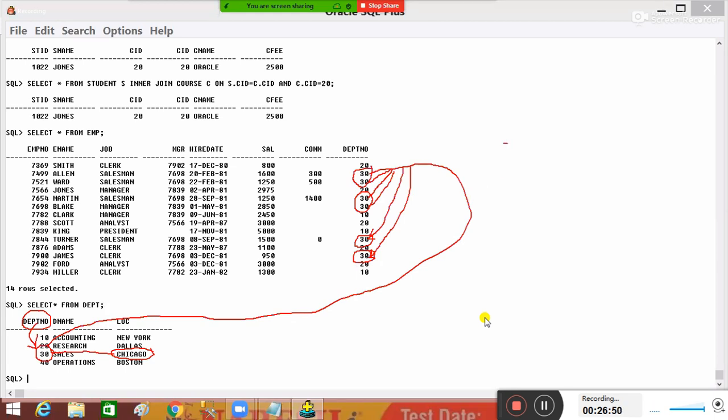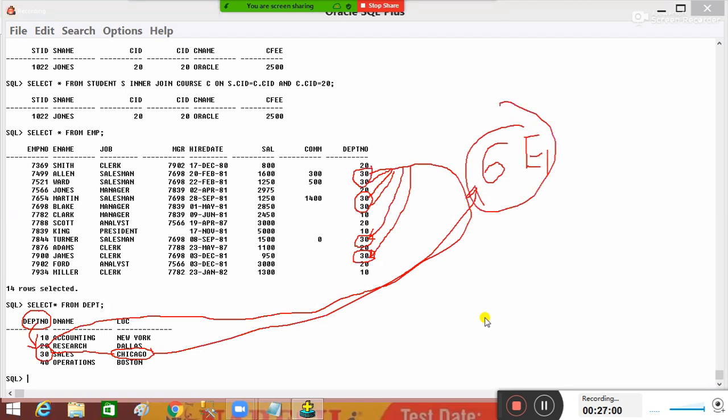That means six times matching means, in the Chicago location, how many employees are working now?